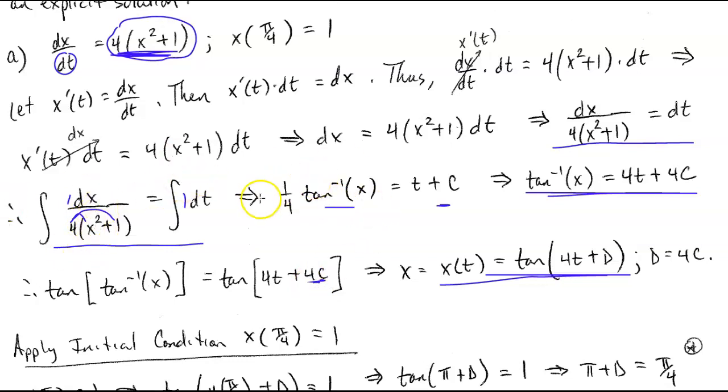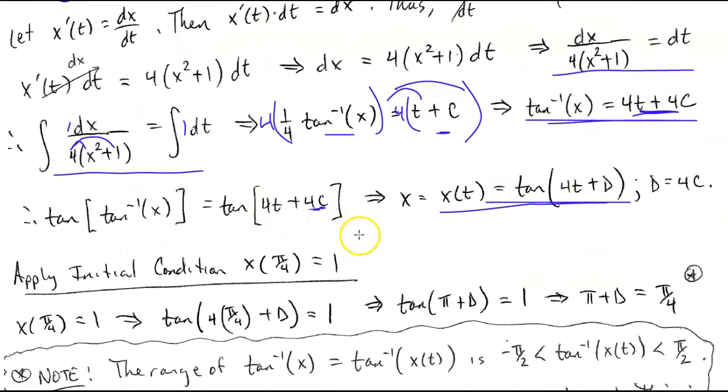Let me just write it in. So if I write it in like that and I multiply both sides by 4, then that's where that ends up coming from. My point here is that this 4 is sort of making that happen.